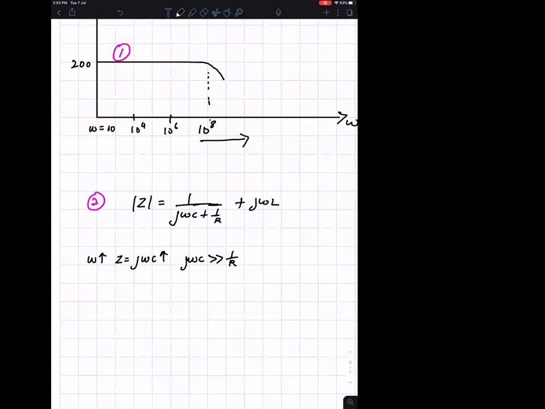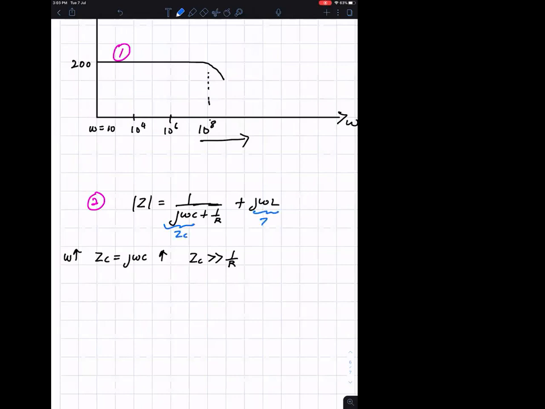Okay, so the impedance of the capacitance, let me call this ZC. Let me write this again. ZC is j omega C, it will go up, to the point that ZC will become very much larger than 1 over R. So this is ZC.